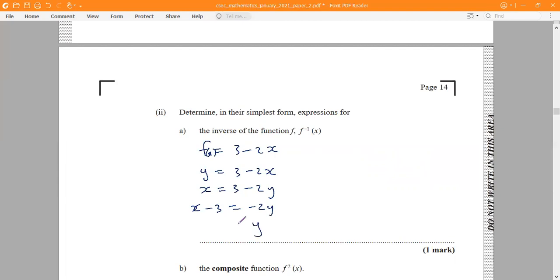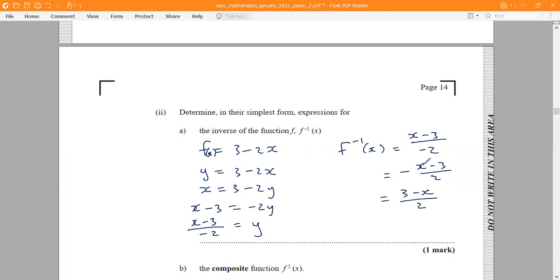We then divide both sides by -2. And so we have f inverse of x. We replace y by f inverse of x, and we write it as x minus 3 over -2, which could be written as -x minus 3 over 2, which could be written as 3 minus x over 2.